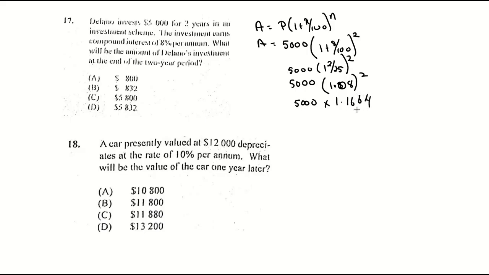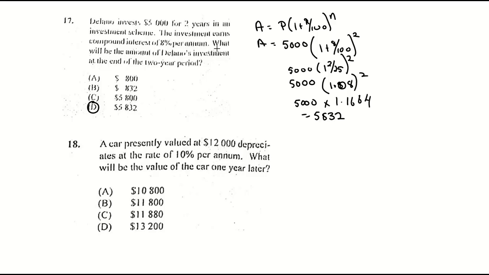This is 5 multiplied by this, which would give you, multiply this by 5,000, and you'll get D as your answer. I don't particularly like this question, especially since the power of is very tedious to do in your head.